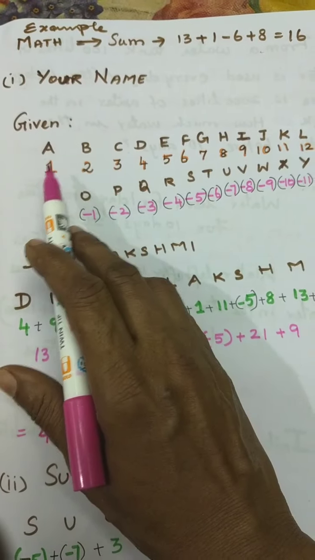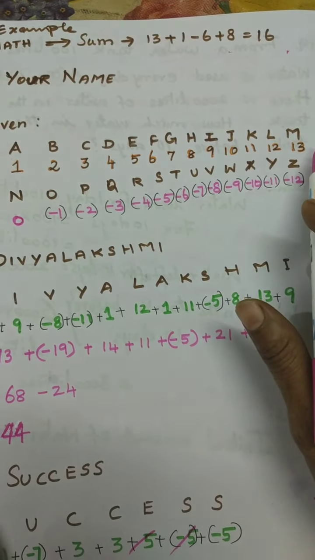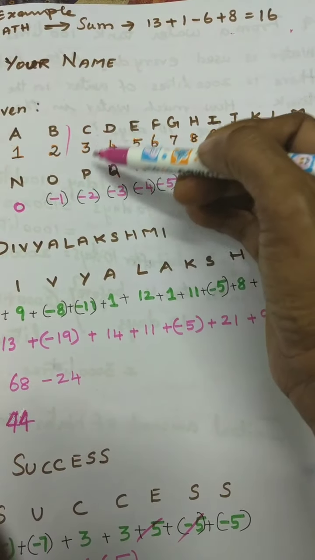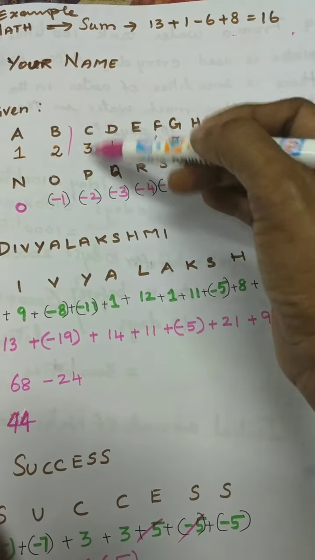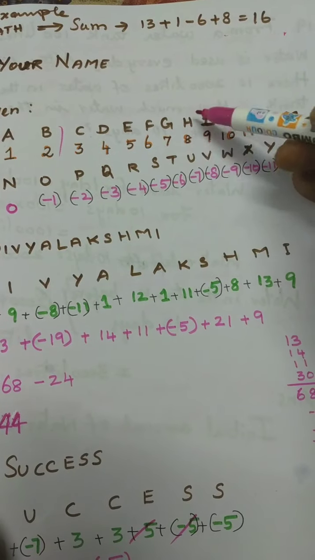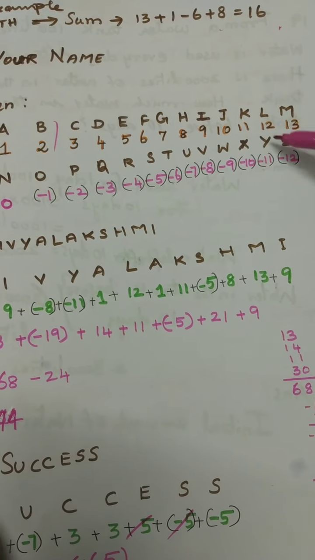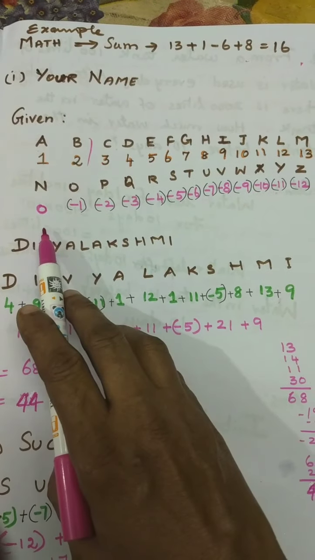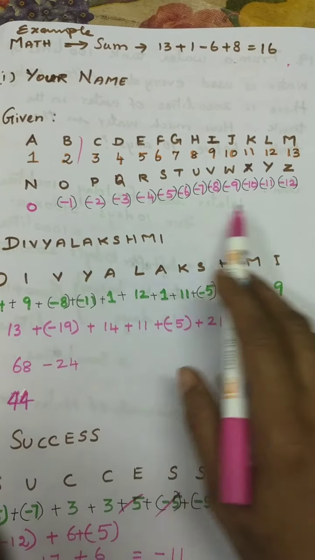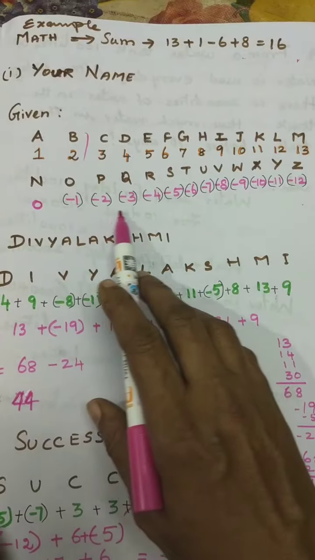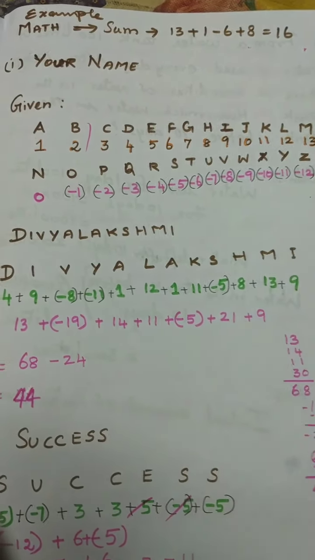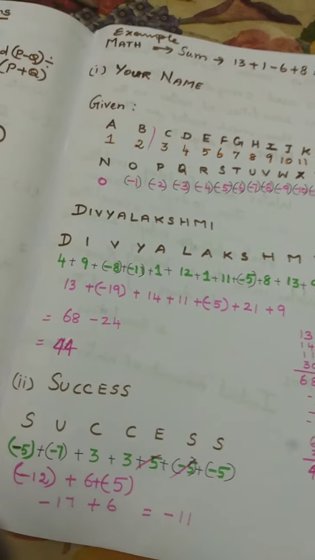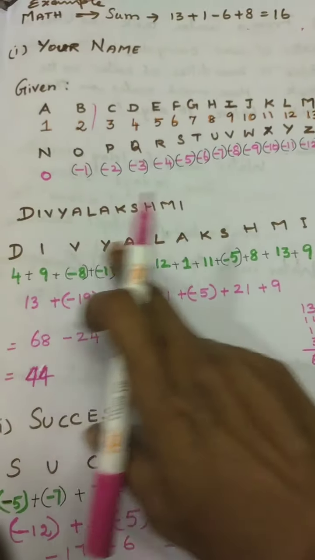It is given A, B, C, D up to M, I have written and given the numbers 1 to 13: 1, 2, 3, 4, 5, 6, 7, 8, 9, 10, 11, 12, 13. And N is equal to 0, they said. For O to Z, minus 1, minus 2, minus 3, minus 4, up to minus 12 they have given.